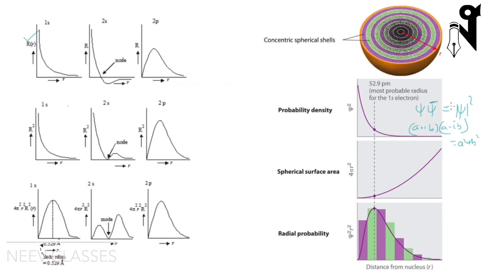Meaning to say, if you are talking about a certain volume, you multiply the probability density with that volume. So that probability density, if it is multiplied with a volume, and assumingly it's the same probability density in the whole of volume, that gives you the probability.